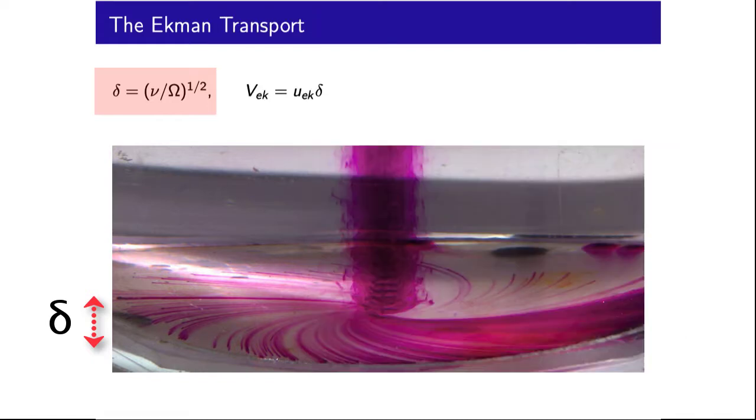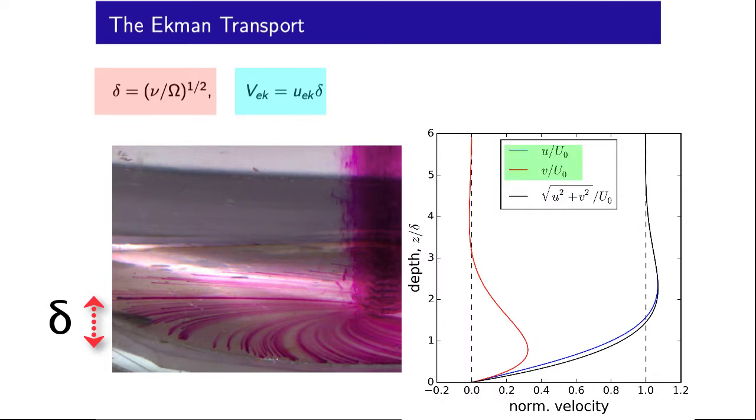The transport per unit width within the Ekman layer, VEK, is going to be the Ekman velocity, UEK, times the Ekman layer thickness, delta. We can use the U and V velocity profiles that we have already calculated to get an estimate of the total velocity within the Ekman layer.